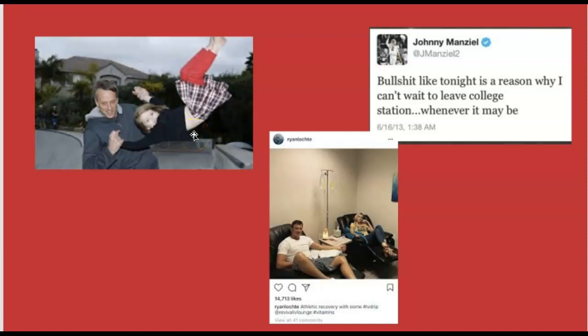Another example is Ryan Lochte, the American swimmer who won 6 Olympic gold medals. He posted a picture of himself getting injections of vitamins in 2008. This picture actually violated the anti-doping rule that was introduced by the USA Olympic Committee.